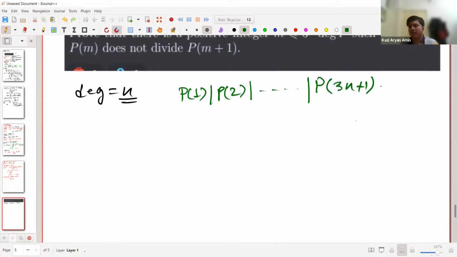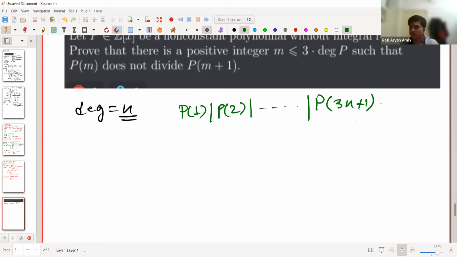So the idea is we will make use of the identity that the k+1 finite difference is 0, and we will take it modulo P(k) for some good k, which we will figure out. First of all, realize that we will eventually hit a different number in this sequence of 3n+1 values, because they all can't be the same value.